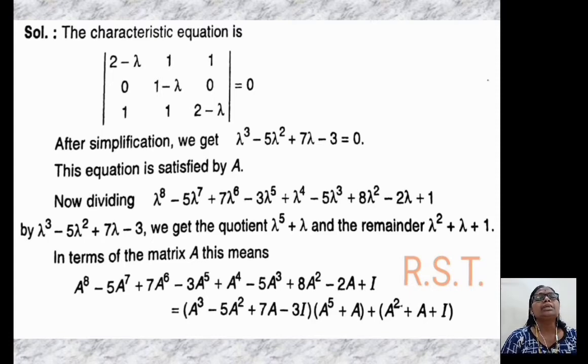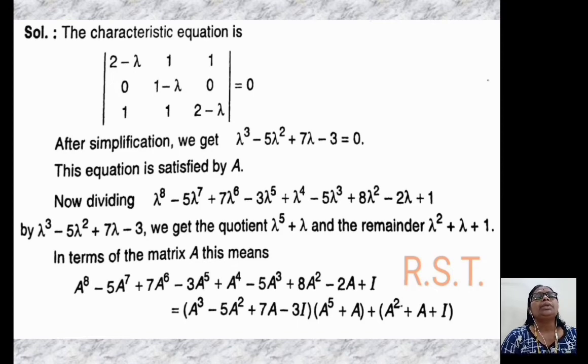After simplification, we get A cube minus 5A square plus 7A minus 3I equal to 0. We can prove this. Now we have to prove the second result.